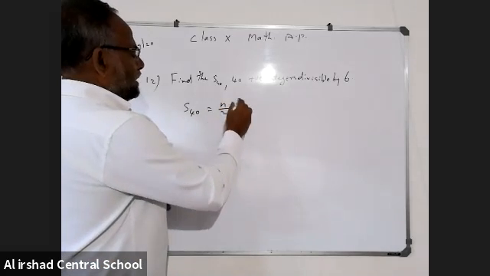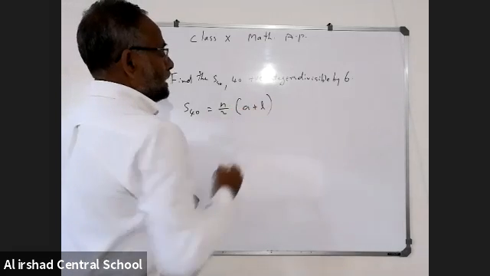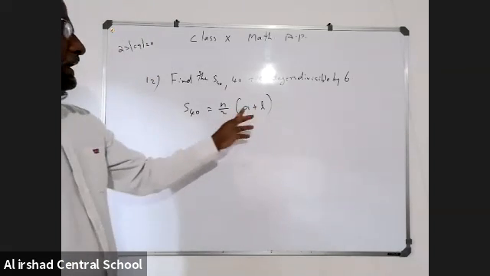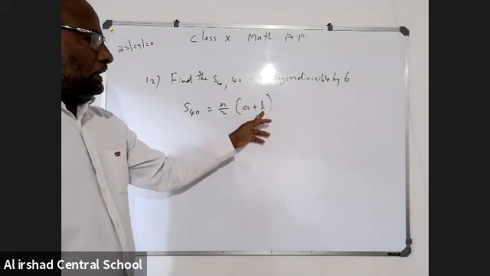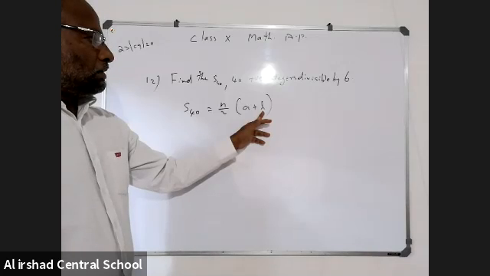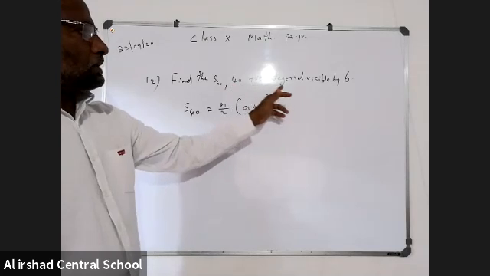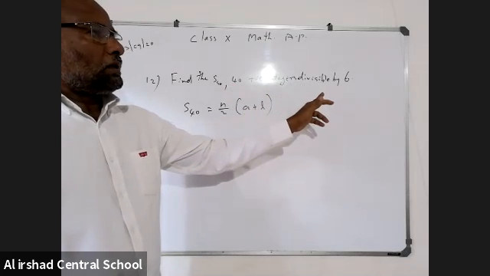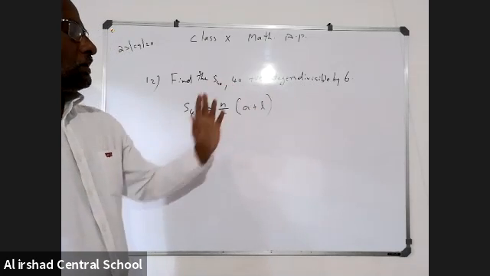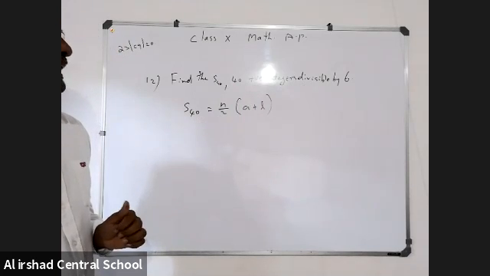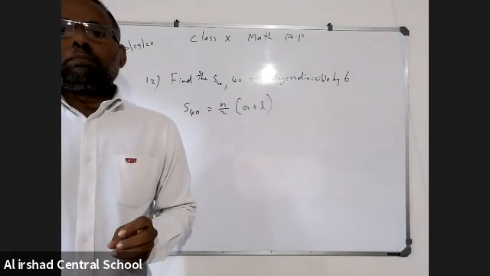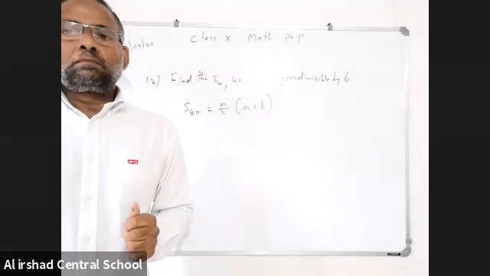Just now we did n by 2 into (A plus L). But we need A, we need L, we need N. Okay, 40 positive integers, N is 40. So where is A and L? Anybody please think. Not hard.